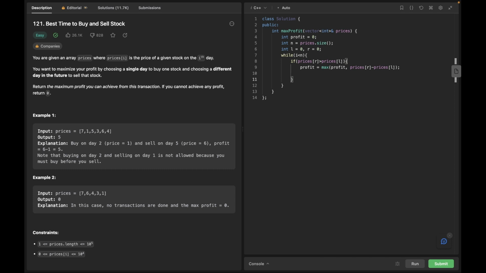If that is not the case, if the right pointer's price is not higher than the left pointer's price, we will just move the left pointer to the position of the right pointer.